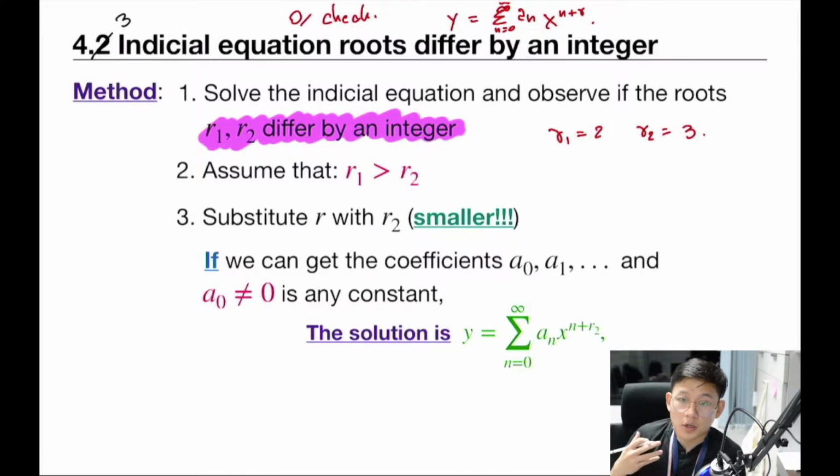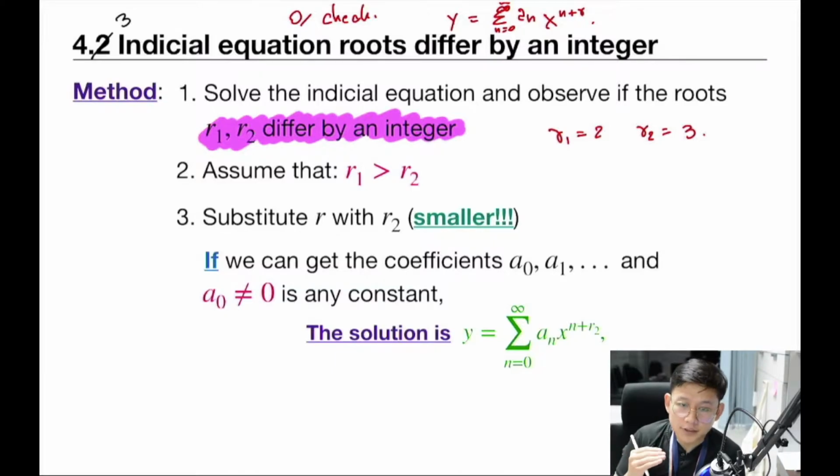So we can't use the previous section, which is to let y equal y1 plus y2, where y1 is the summation of a_n x to the n plus r1, and y2 is the summation of b_n x to the n plus r2. We can't really do that. We need to do it like this.